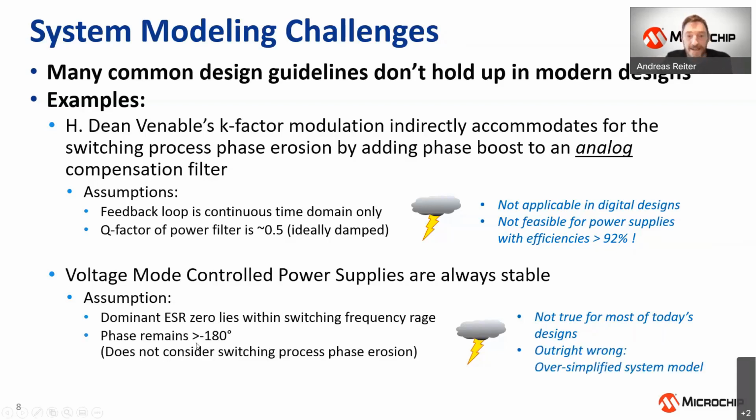And the second thing is that this claim that it always remains above minus 180 degrees is outright wrong, because this is not a continuous time domain filter, it's a switching power supply, and thus affected by the switching process introducing this discrete time domain characteristic, which eventually will pull down the phase and make it cross minus 180 degrees within the relevant frequency range.